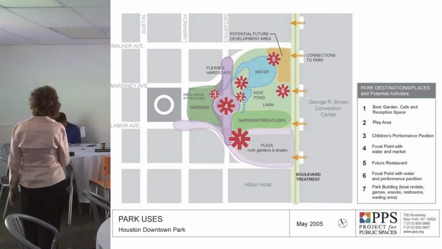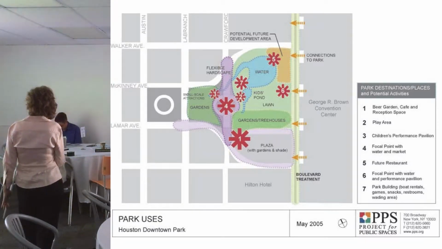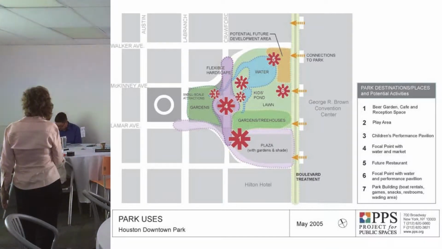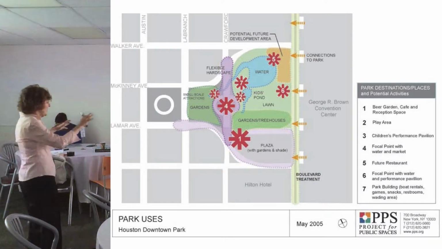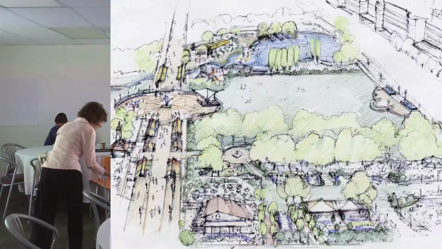We started locating these particular destination activities within these sites. So the beer garden would be near the tree house, children's performance near the garden. So we started laying these things out.